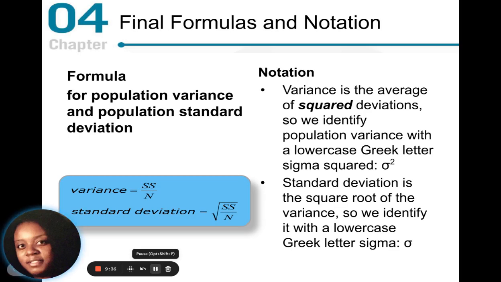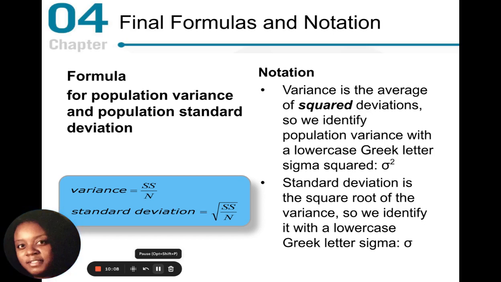When we want to find a formula or notation, we can locate a formula for population variance and population standard deviation using the formulas you see below. For notation, we have to look at variance as the average of squared deviations so we can identify how the population is varying.